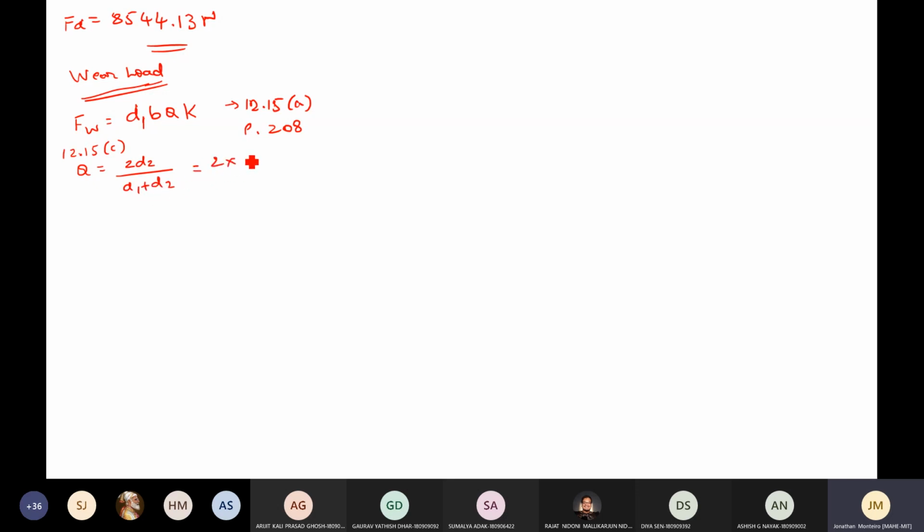So 2 into 240, which we have set, by 80 plus 240, which gives you 1.5. What about the K value? K value is very interesting. K value is dependent on sigma ES square sine alpha by 1.4 into 1 by E1 plus 1 by E2.